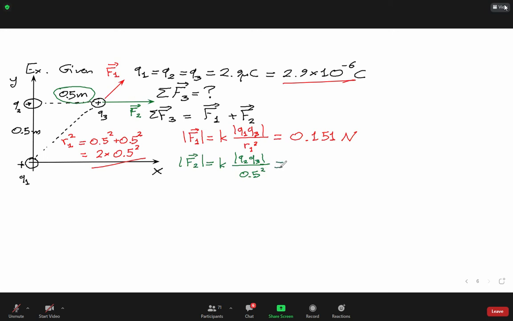And if I plug this into a calculator, I get 0.302 newtons. Let me make sure of that because I'm having a hard time reading my own handwriting. Yeah, that looks okay. Everybody good so far with this?